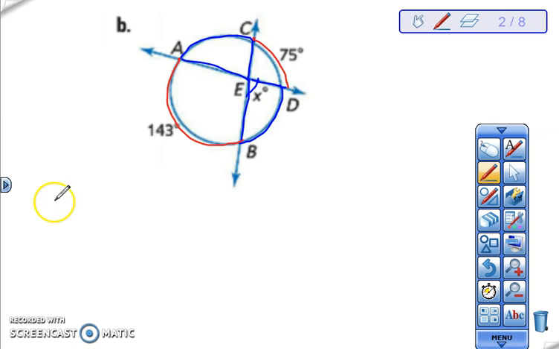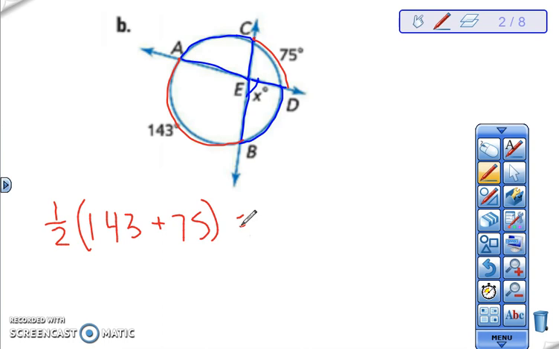So if I take 1/2 of 143 plus 75, I get 109 degrees.